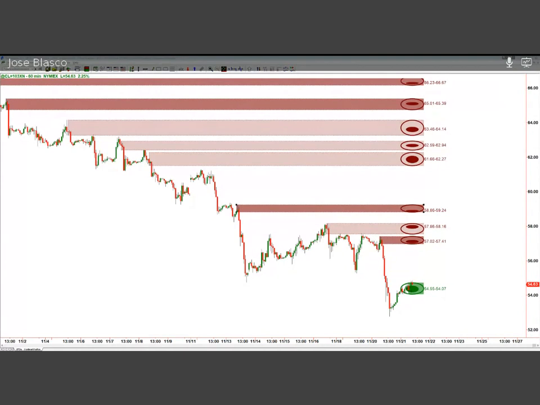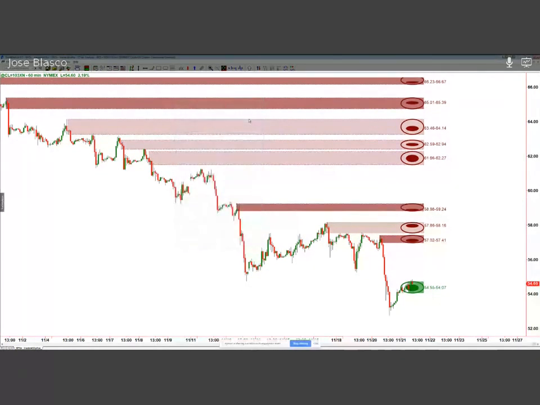With an extreme parameter you may have very few UFOs, and maybe today you have none, or the next UFO is very far from current price. So again, don't reinvent the wheel. If you decided to use a tool like Auto UFOs in your trading activity, it's because you want to add consistency in your decision process.